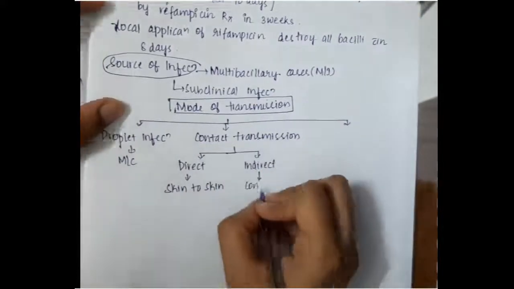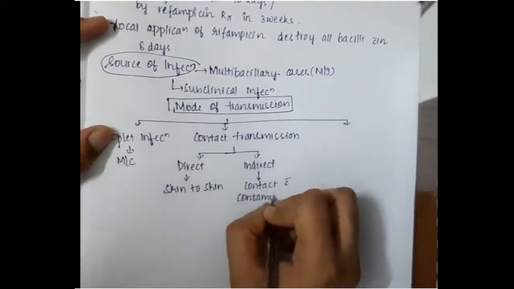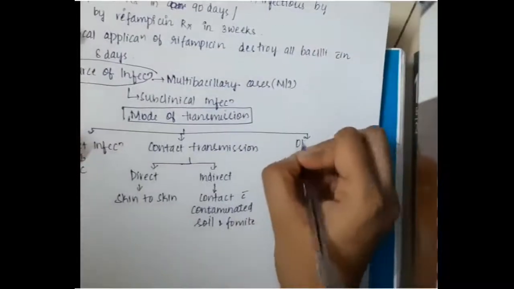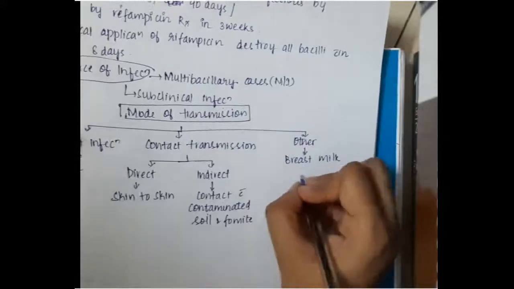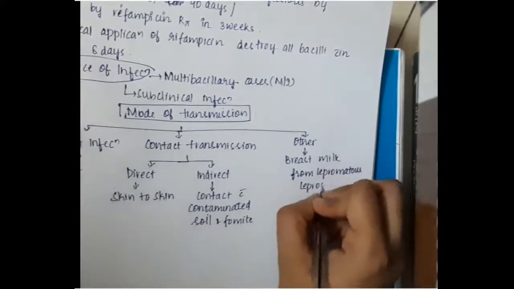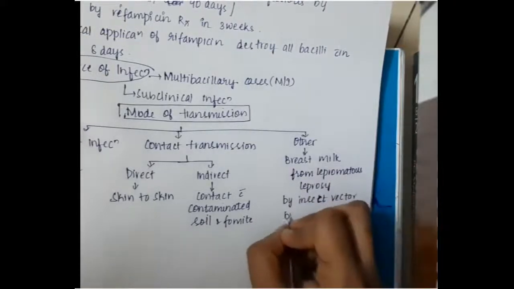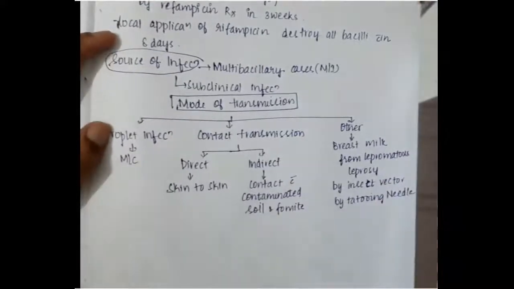Direct is skin to skin, whereas indirect is contact with contaminated soil and fomites. Others include breast milk in lepromatous leprosy, insect vectors, and tattooing needles.